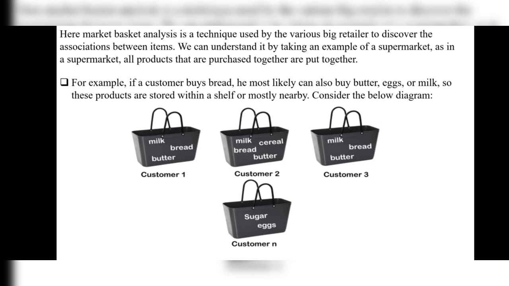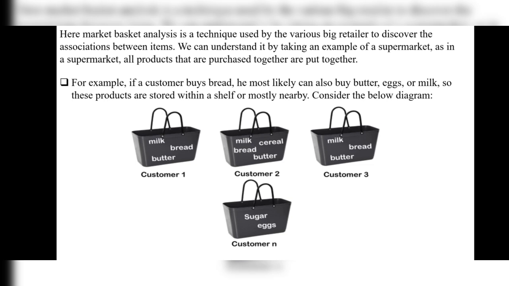Basket analysis is a technique used by big retailers to discover associations between items. In a supermarket we have different types of items settled in a row, with a relationship from one item to another.